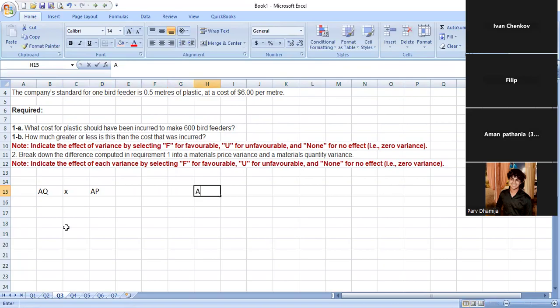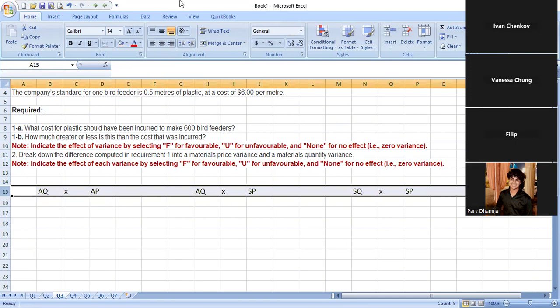And here I'm going to have actual quantity times standard price. And here I'm going to have standard quantity times standard price. Can you guys see my screen? Yes. And I'm going to stay with this format.